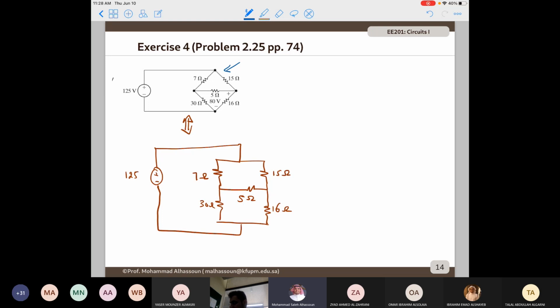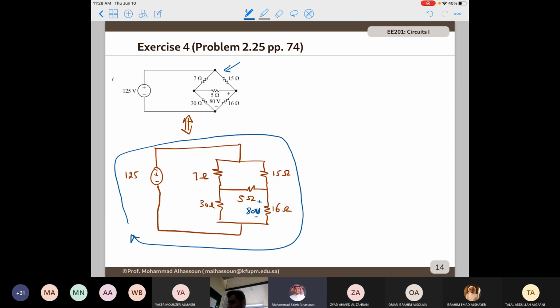This one is 80 volts, and the general step is you start with the equation that gives you one unknown. In this case, it is applying KVL around this big loop.